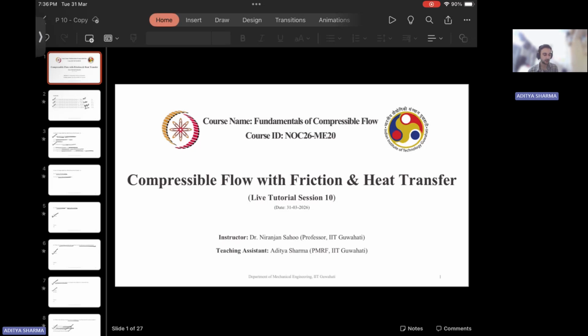So all this has been discussed here. Then we saw Rayleigh curve and Fano curve. So Rayleigh curve is related to your heat addition and Fano curve is related to your friction. So this is it about heat addition and frictional effects in compressible flows.